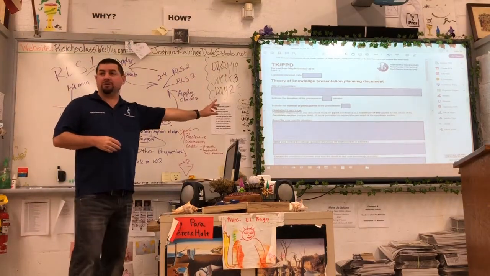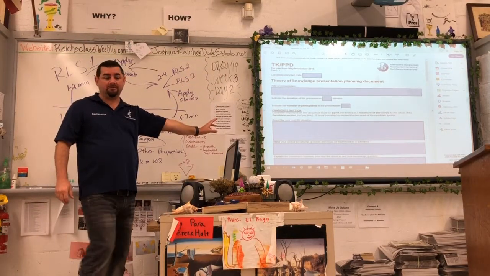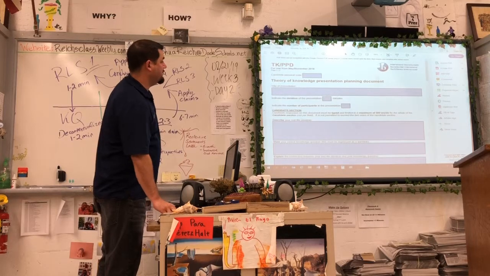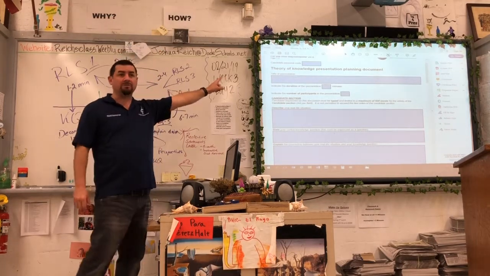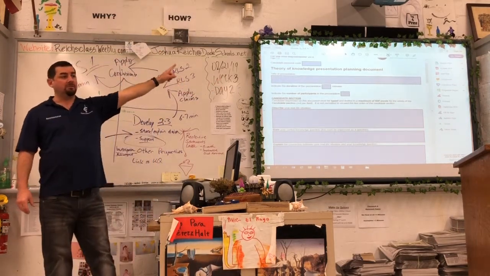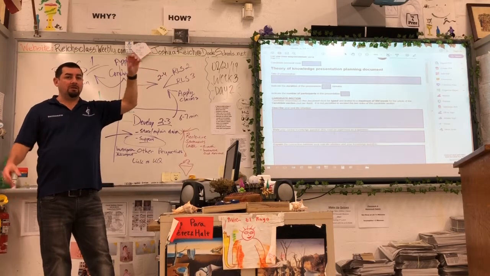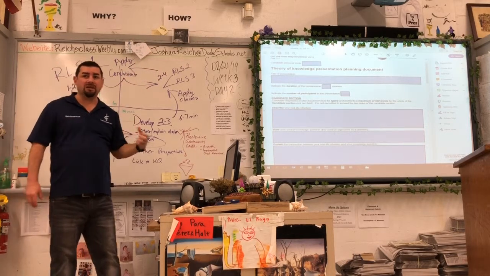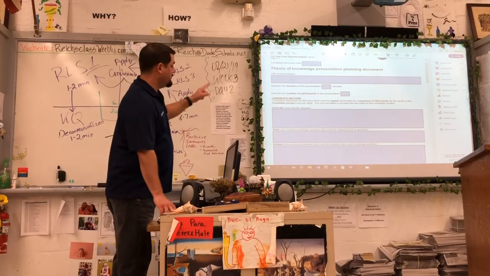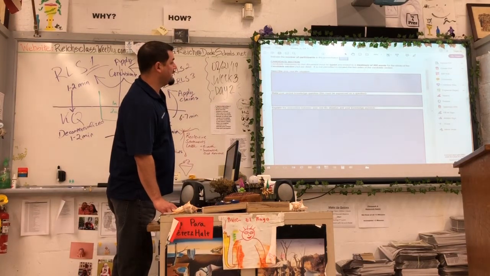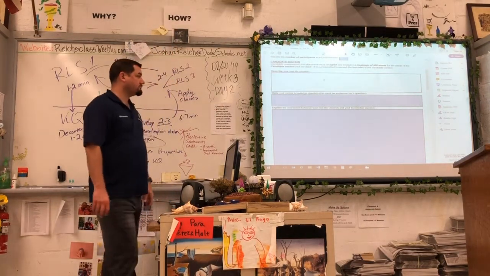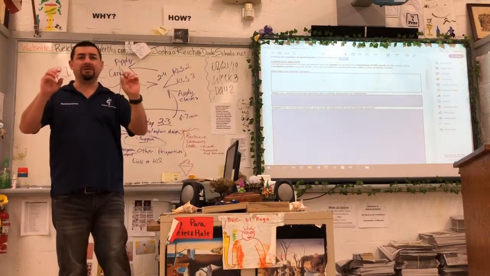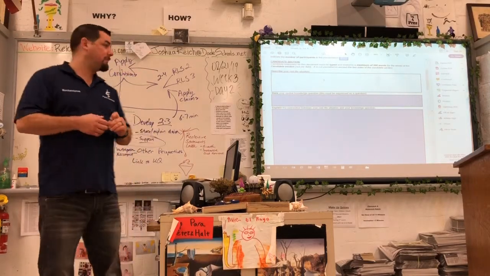Okay, so let me show you really quick the sections on it. You have to have a title of your presentation. It has to be a good title, like when you're titling your essays. Then you describe your real life situation, a quick explanation of it.